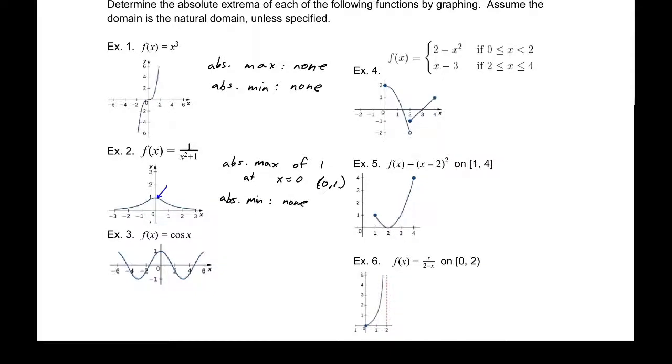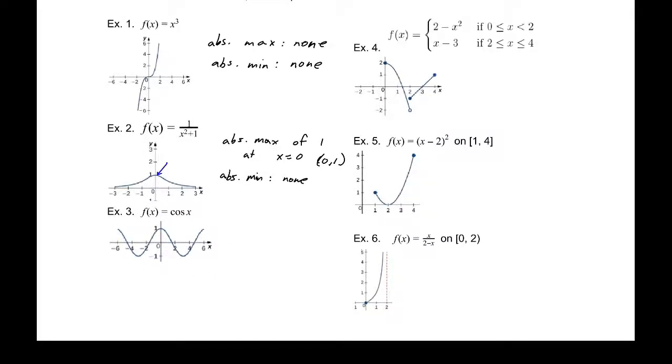Cosine x. There is a highest point. The highest point of this function is here, and here, and here, and here. There are lots of places. So our absolute max of 1 happens at all multiples of 2 pi: 0, 2 pi, 4 pi, 6 pi, positive and negative.